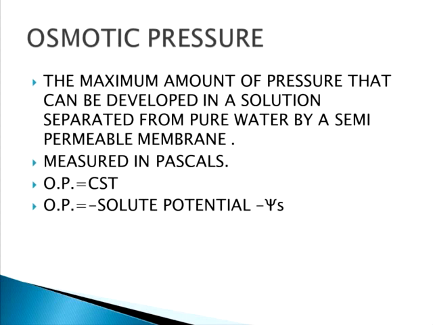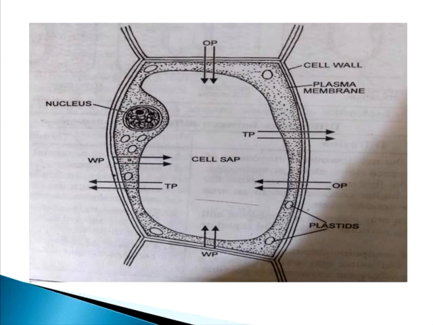That is, the solute potential is equal to osmotic pressure in magnitude, but it is opposite in sign, and denoted by minus xi s, as you can see in the diagram.